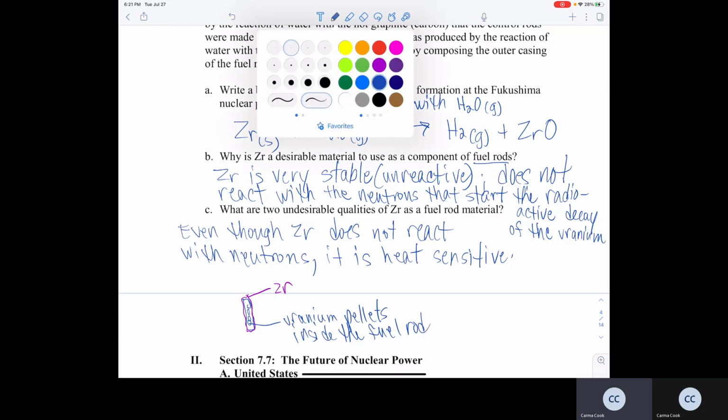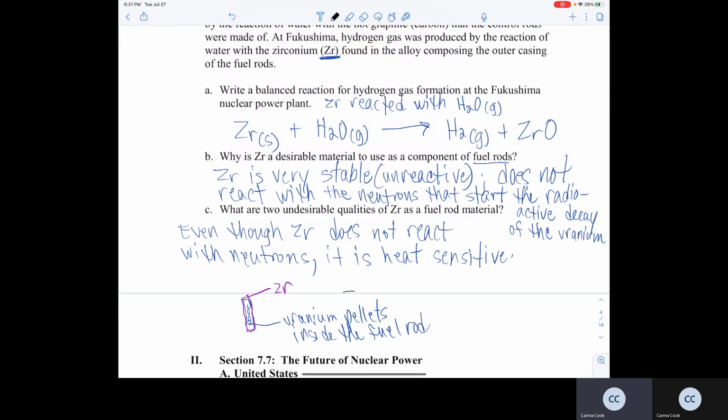And so when the cooling water failed at the Fukushima plant, then the hot steam reacted with the zirconium and melted it away.